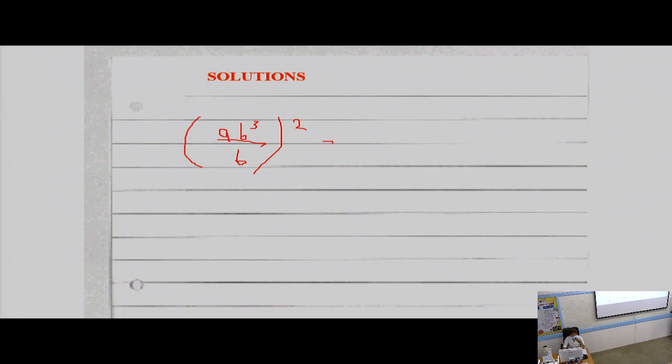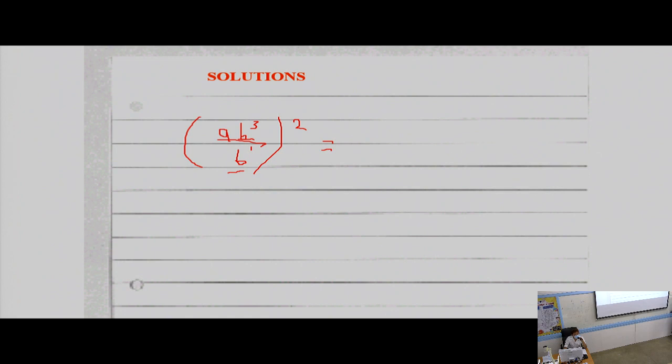How about this one? ab to the power of 3 over b to the power of 2. What would be our answer? As you can see, we have here b and another b. What is the power of this b? This is power 1, right? What do you think would be the answer?